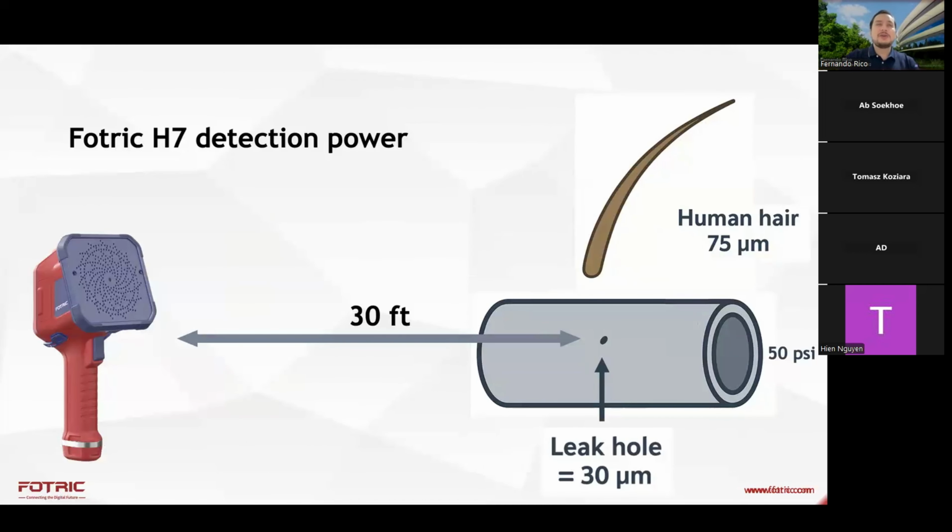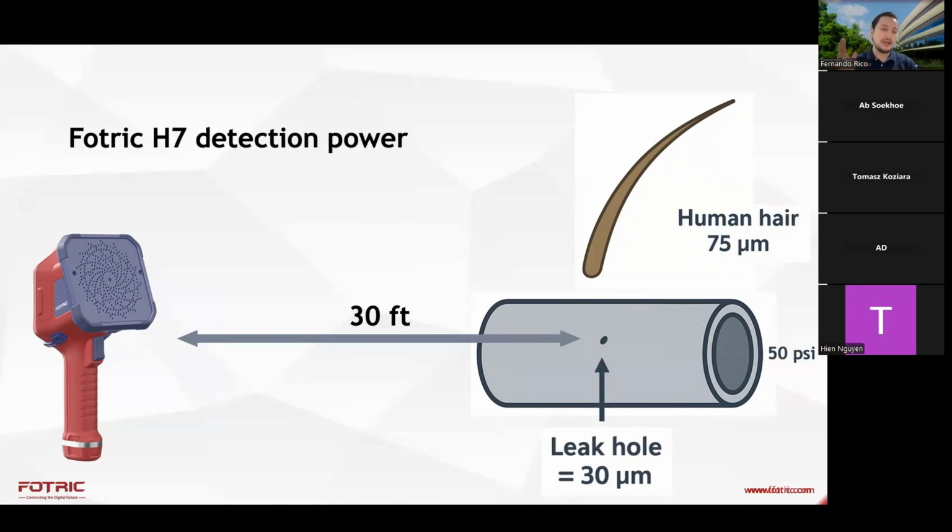Now, how small can a leak be for the photo camera to detect? The question goes along with, okay, what's the pressure, how far, how small the leak, etc. But just to give you an idea, our most advanced model, the FOTRIC H7, can detect a leak that is half the size of a human hair from 30 feet away, which is roughly 10 meters, in a system that is at 50 psi, which is half the common pressure of an industrial compressed air line.